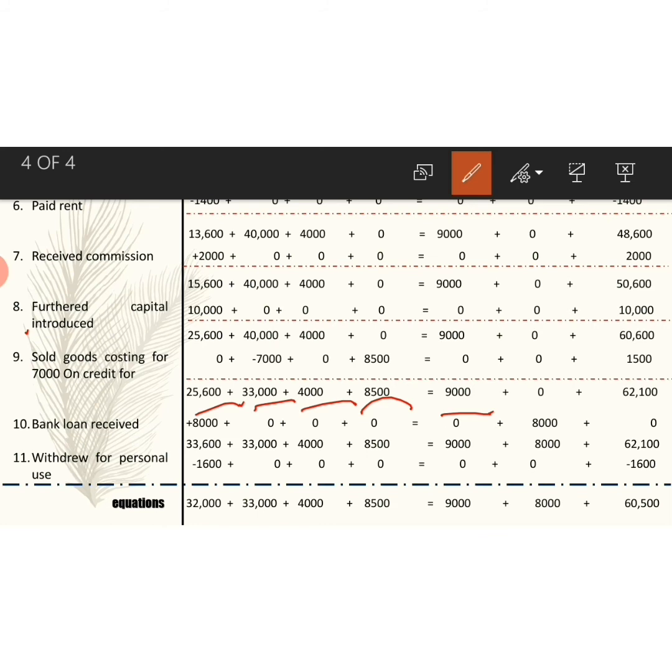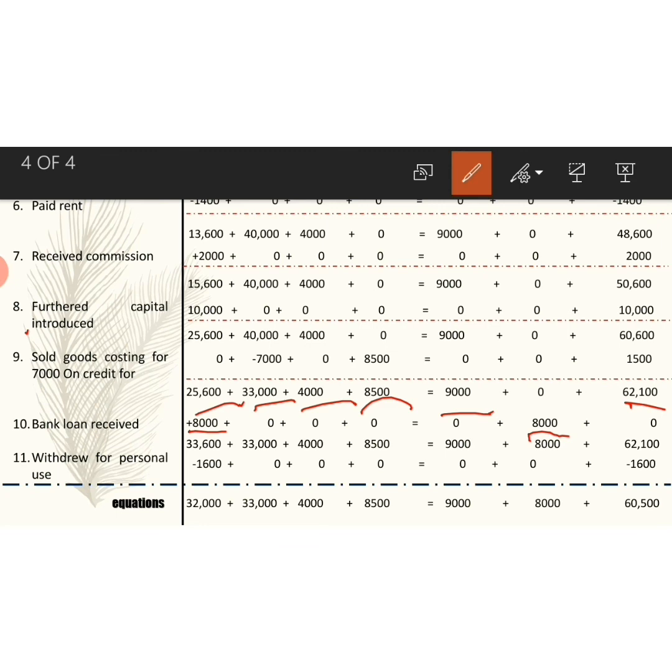And capital 60,600 plus 1,500 is 62,100. Again, moving on to the next transaction, bank loan received. Since the loan is received in the form of cash, the amount of rupees 8,000 should be mentioned in the cash column, and also it should be mentioned in the liability side under the bank loan section.